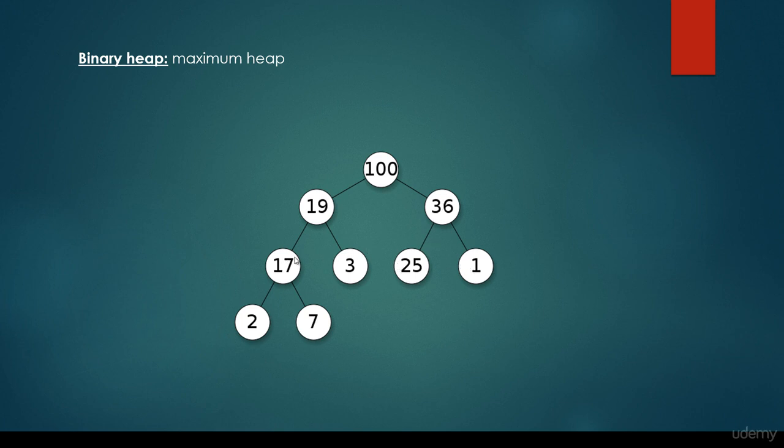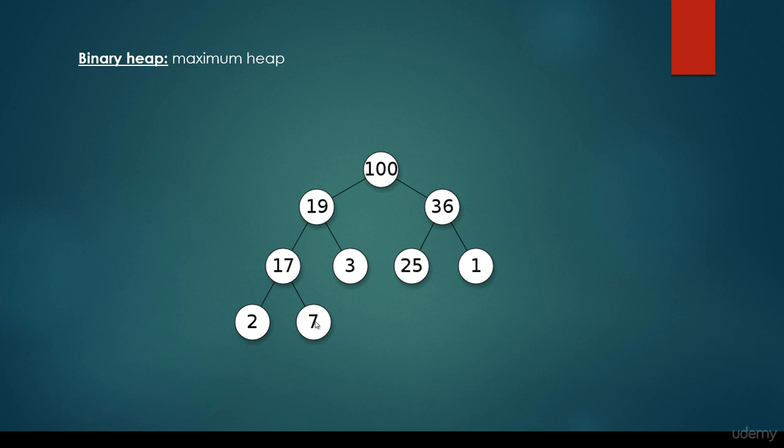It's very important that basically the order doesn't matter as far as the left and the right children are concerned. As you can see here, for this subtree, the left child 17 is greater than the right child 3, but here, for example, for this subtree, the left child 2 is smaller than the right child 7.